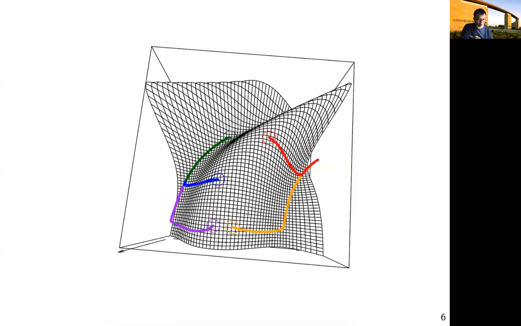Depending on where you initialize, you may end up converging to different locations in the space, and some initializations are better than others. In this case, those trajectories on the left converge to the solution on the left, and whenever you are on the right-hand side of this ridge, you will converge to the solution on the right-hand side.